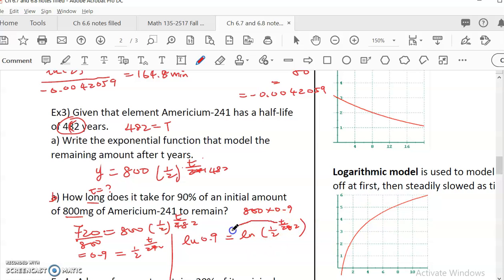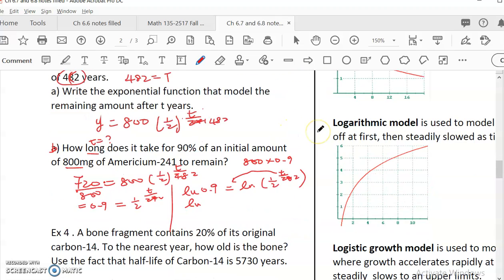So move the t over 482 to the front, and then I would have ln 0.9 over ln 0.5 equal to t over 482, since 1/2 is 0.5.